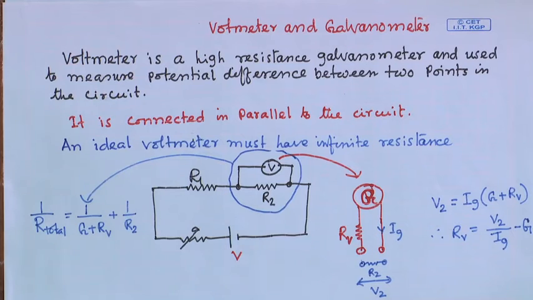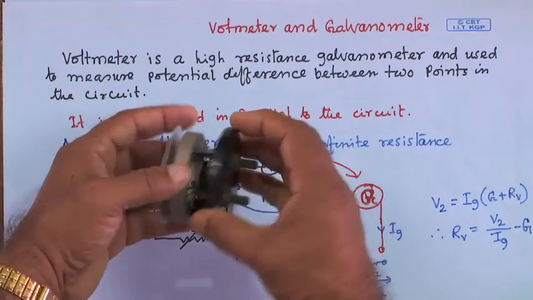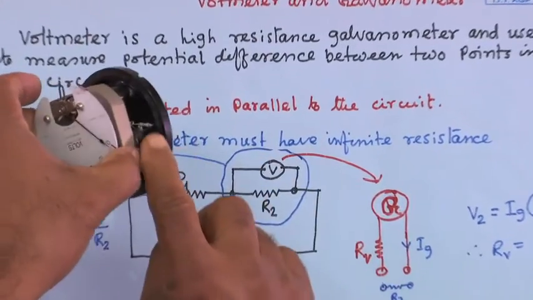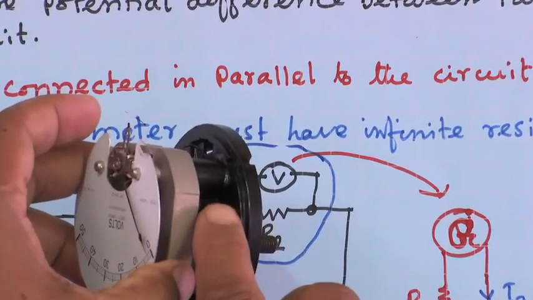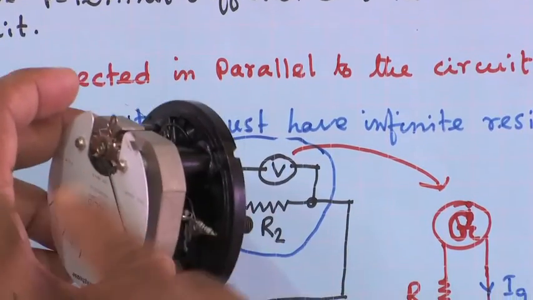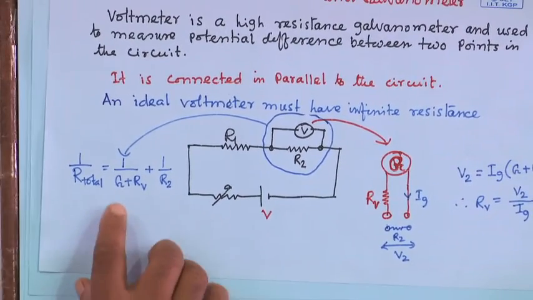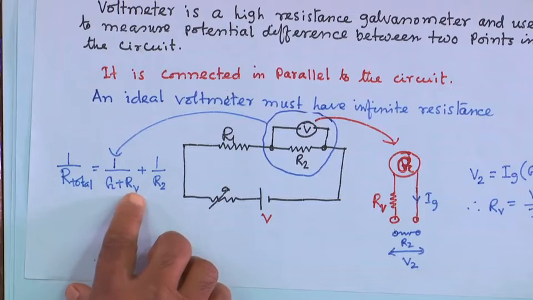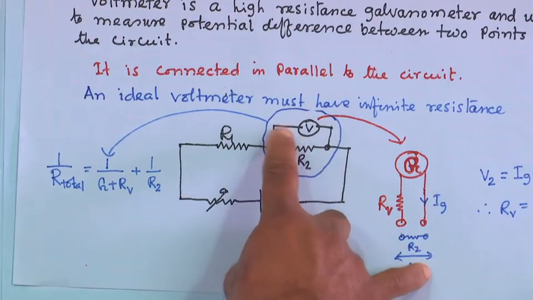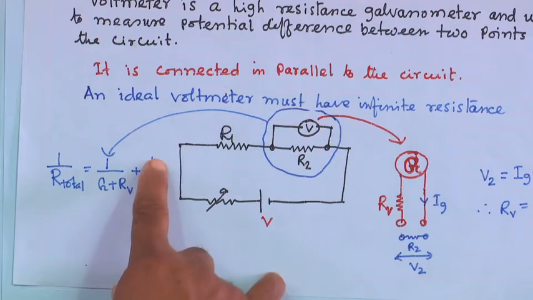The additional resistance I have written as RV, and G is the resistance of the galvanometer. So here you can see 1 by (G plus RV), that is the resistance of the voltmeter, plus 1 by R2.